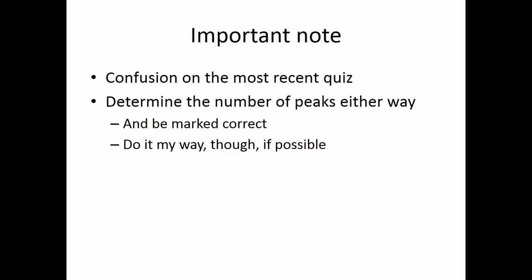Important note, there was confusion on one of our last quizzes determining the number of peaks. You could determine the number of peaks either way. This was true for the homework. Some of you did do it one way versus the other. One is just you're looking at the number of peaks in terms of chemical environment.